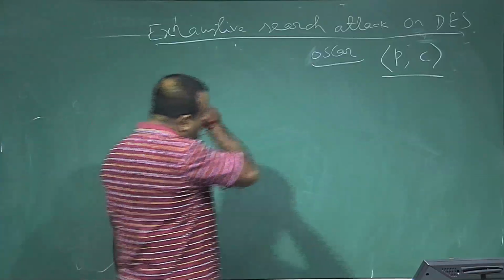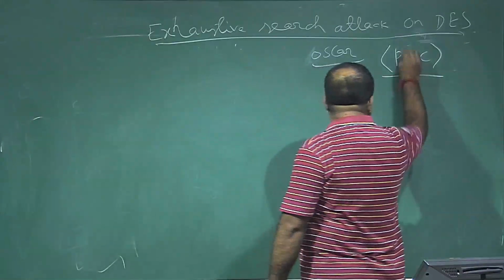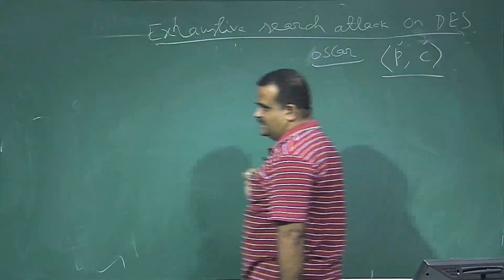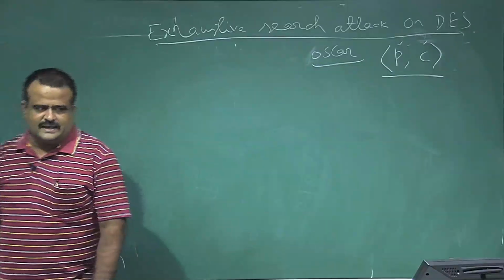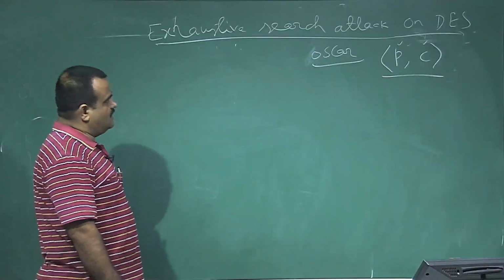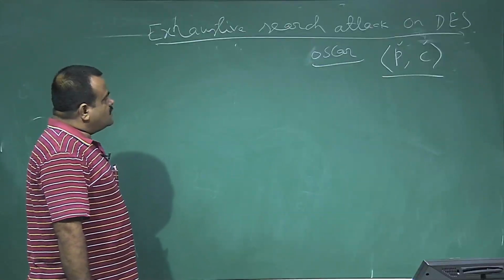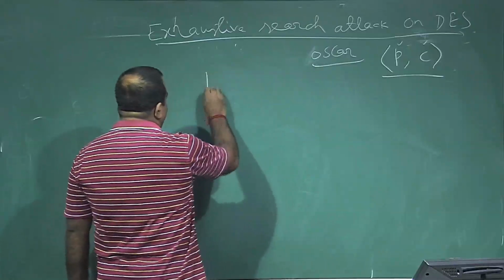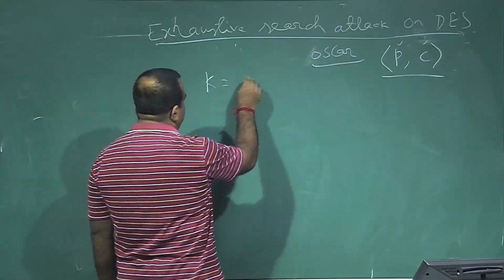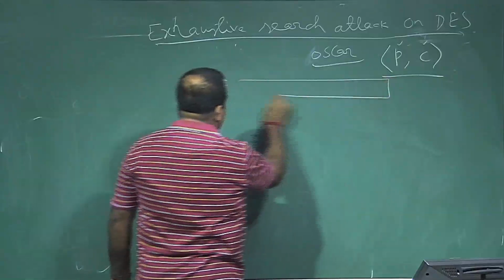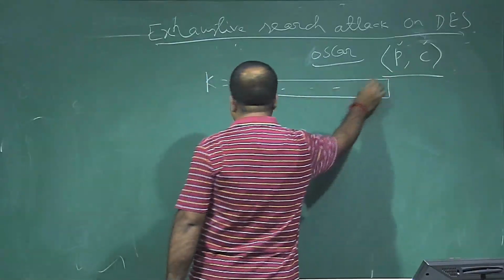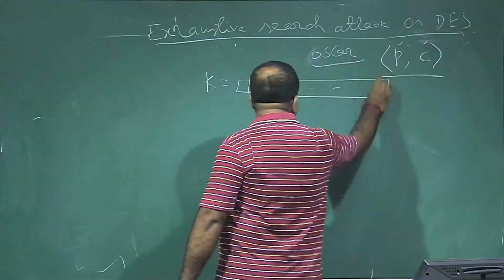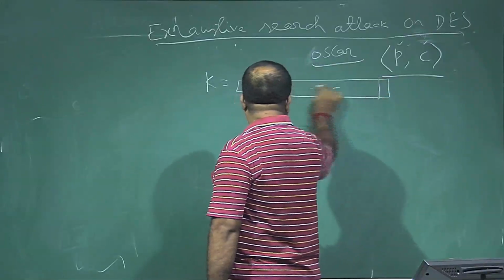So, what will the attacker do? The attacker knows a plain text and the corresponding ciphertext. This is a known plain text attack model. Oscar knows the key is 56 bit, so the key is typically a 56 bit string of 0s and 1s.